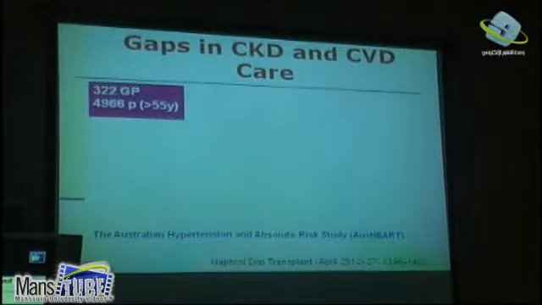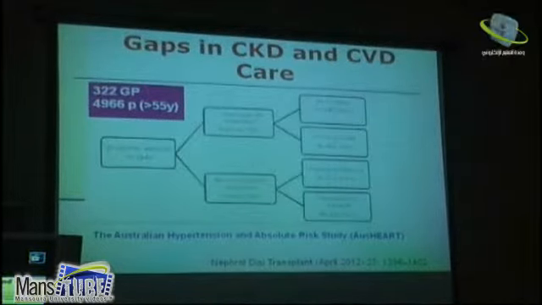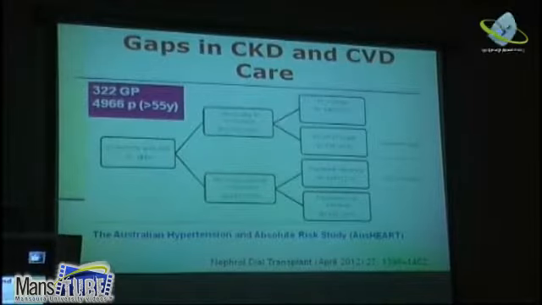Another recent study came from the Australian Hypertension and Absolute Risk Study Group, which studied 322 GPs treating 4,900 patients, and they found there is some treatment gap and some prescription gap, and I think there is no time to clarify everything in this issue.